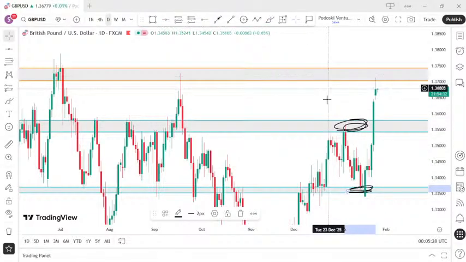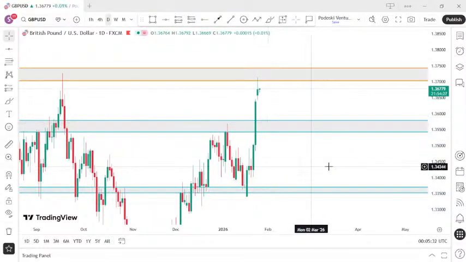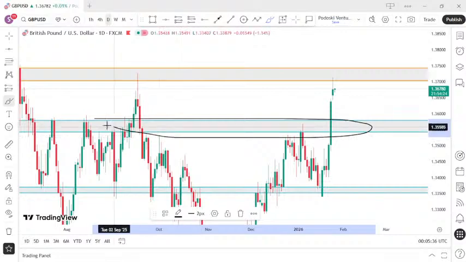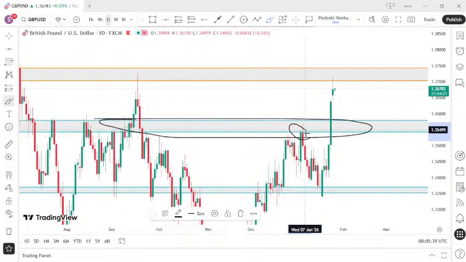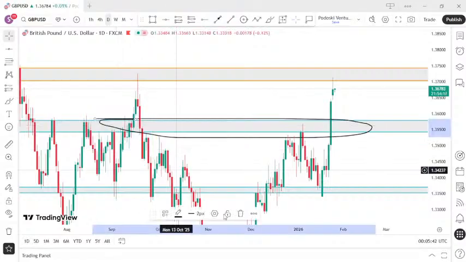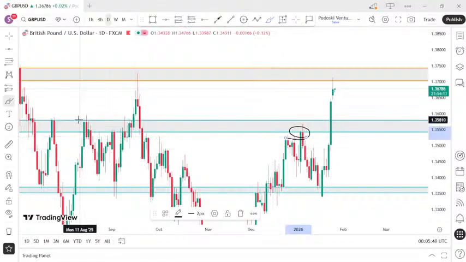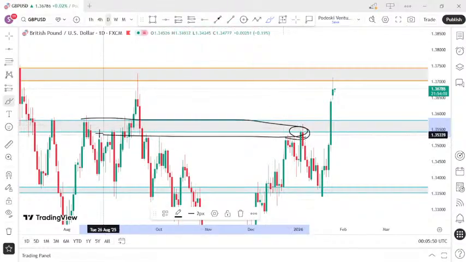On the daily chart, you can see that price has broken out of this daily midway zone here. This was previously a supply zone, and after price broke out of it, now it becomes a demand.